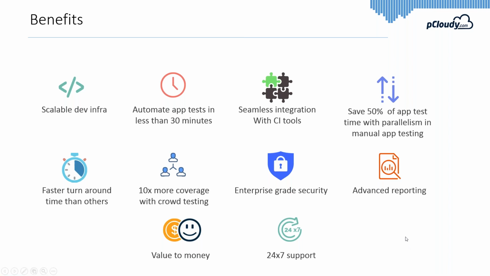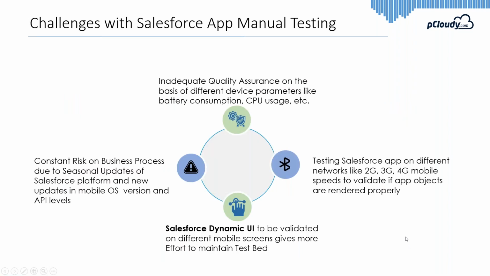Moving ahead with the slides, let me first talk about the challenges we generally face in the Salesforce app when we are doing manual testing for that app. There are 4 major challenges which we have discussed here. The first one is that once we test this Salesforce application, there are different parameters we need to check.